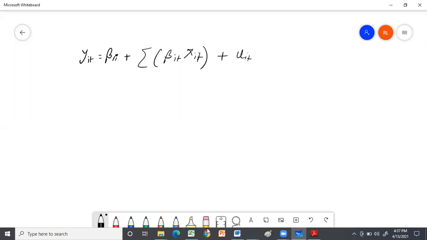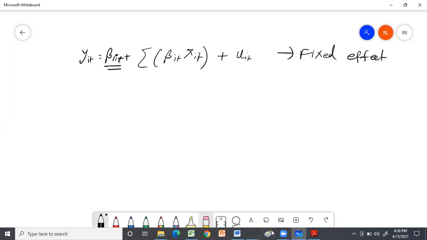Okay, this is your original model in case of the fixed effect, where you are assuming that your intercept term, which is beta 1I, will not vary over time. If it will vary over time, then I should have written down here IT. That means from one time to another time, there would be a separate constant you will have.